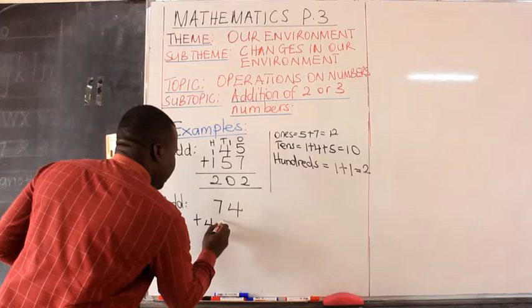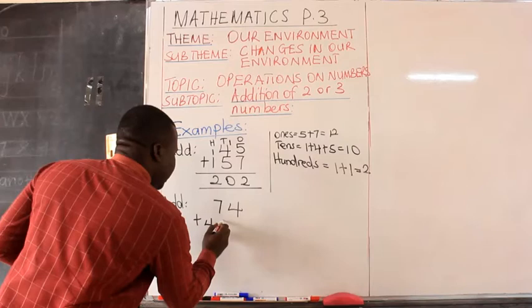So for the tens we have 1 plus 5 plus 2, which gives us 6, 7, 8. So you write there 8. So in total you have 81 cups. Then you double underline.